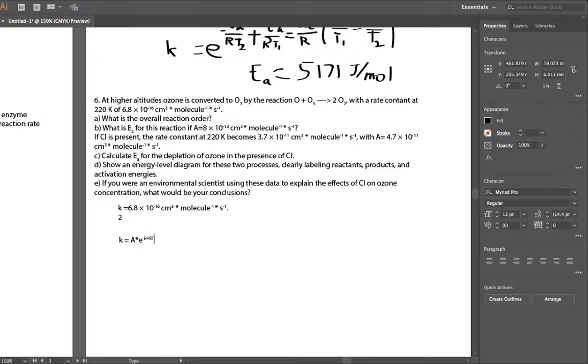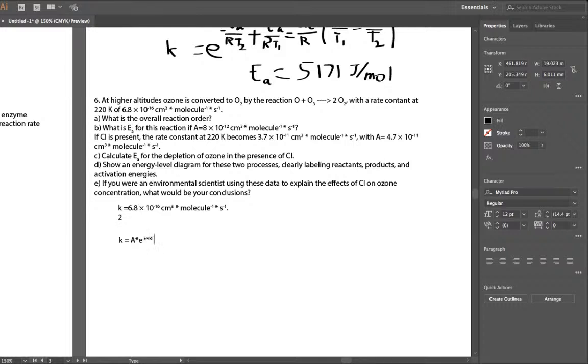And then you just need to multiply the thing by the R, which, should I use joules? Yeah, I'll just use joules. So the answer, we want to multiply that by 8.314. That's the R. R units is joule per Kelvin, and then we just need to multiply that again by the temperature, which is 220.